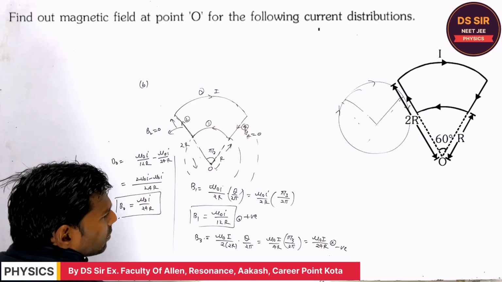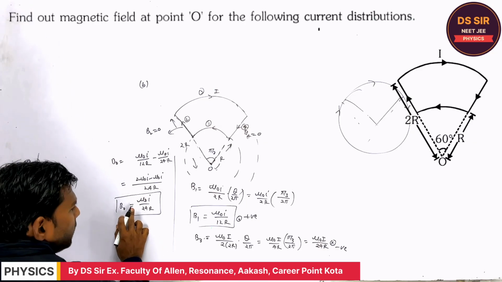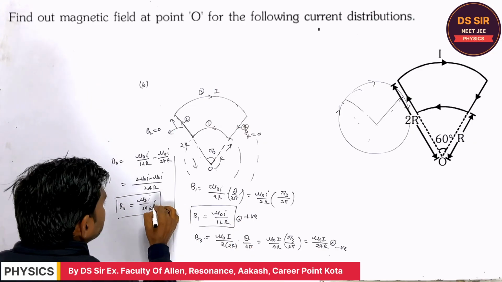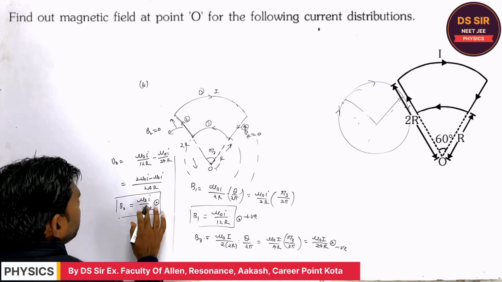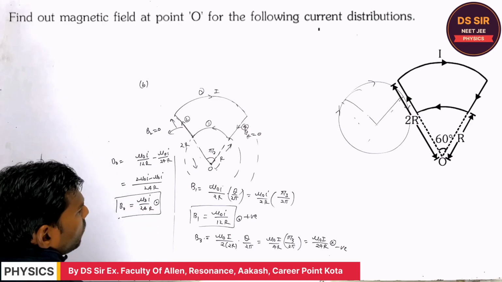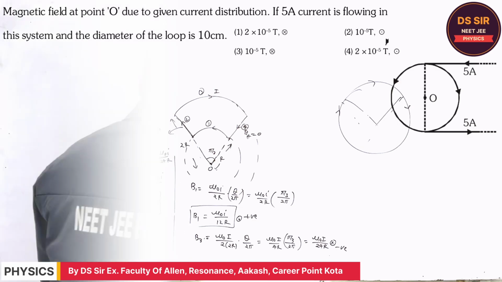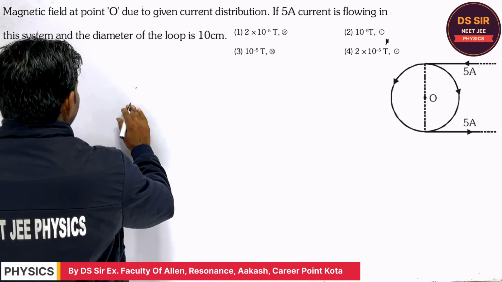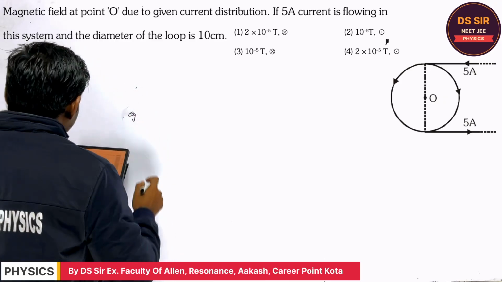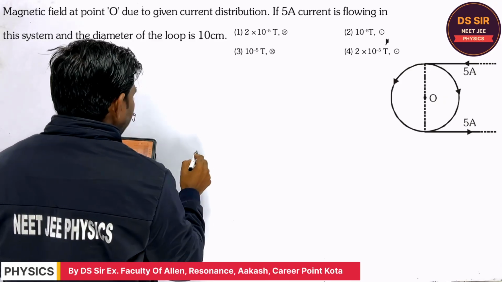Is it clear or not? Yes. And if we have chosen positive as outward, the net magnetic field is out of the board. Copy this.